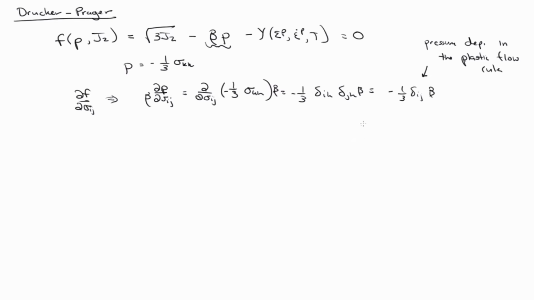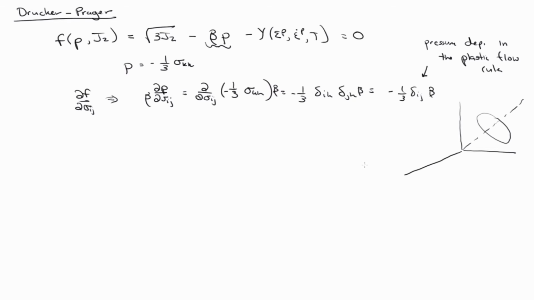And so what this model looks like in three-dimensional stress space is it still has a J2 component which defines the circle, but now this line right here that passes through the center of that circle is sigma 1 equals sigma 2 equals sigma 3, right?